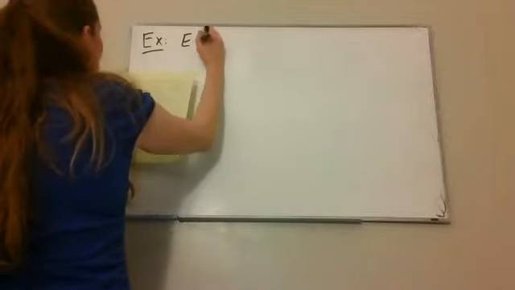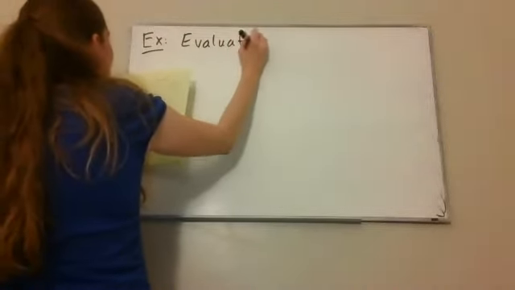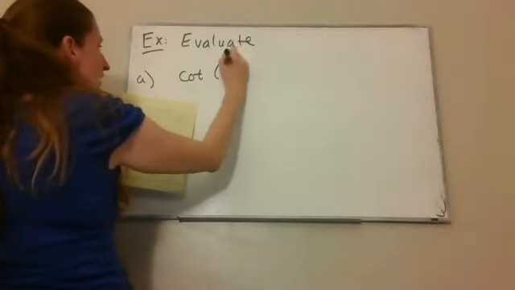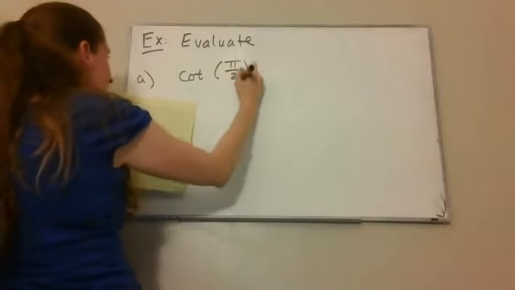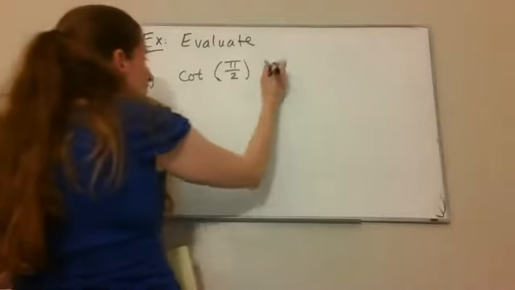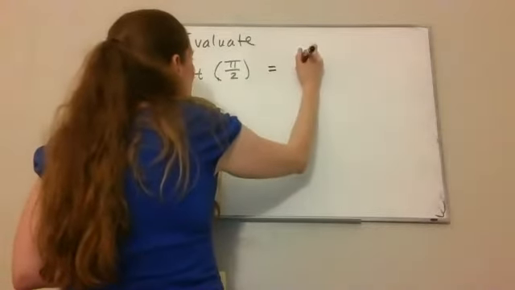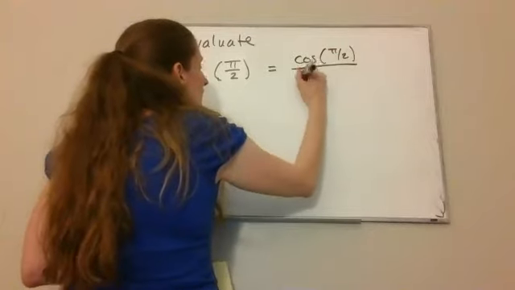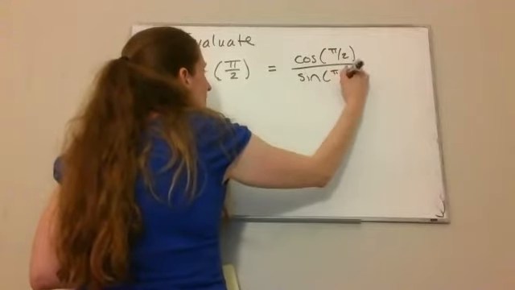Example. Just evaluate the trig function. Our first one is going to be cotangent of pi over 2. Well, I know that cotangent of pi over 2 is going to be cosine of pi over 2 over sine of pi over 2.